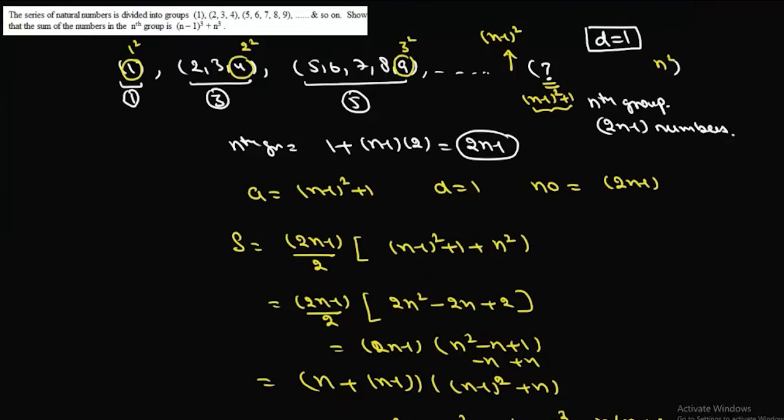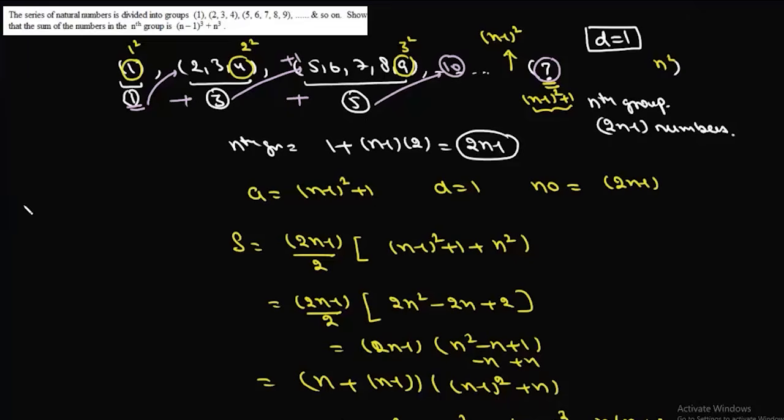Now for this question, another way to find this first term is, in the first group there is only one term. So the next term is 1 plus 2. Now here we have 1 plus 3, 4 terms, and this is 4 plus 1, the fifth term. Now here we have 1 plus 3 plus 5, 9, and here will be 10.